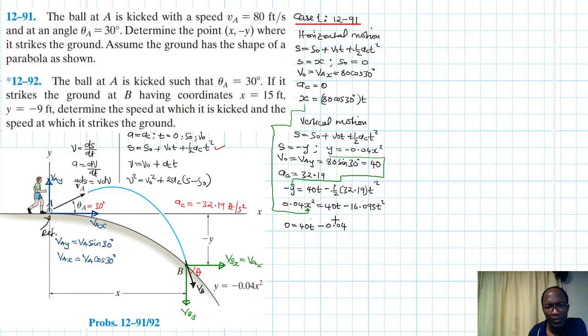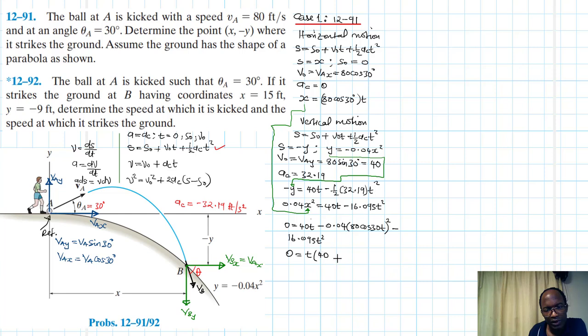Okay, 0.04. Then we have 80 cos 30 t, all squared, and minus 16.095 t squared. Then solving for t, this just becomes 0 is equal to t, factoring out t.